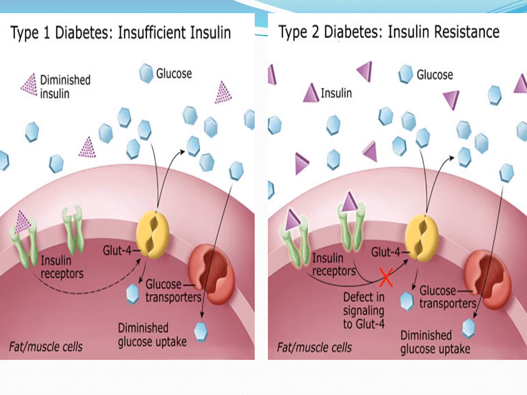So there is defect in the action of insulin. In type 2 diabetes, there is insulin produced, which may be insufficient, or there is insulin resistance to open the glucose transporter and remove the glucose from the blood into the tissues.